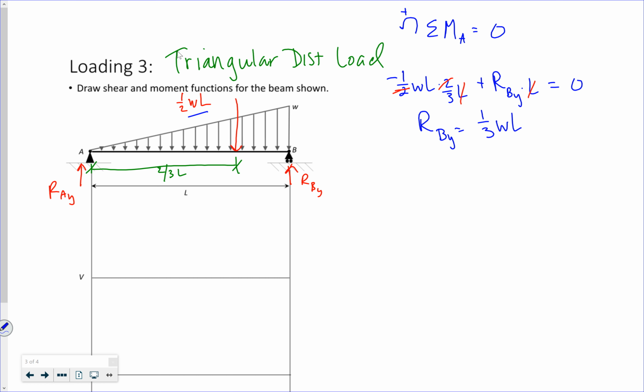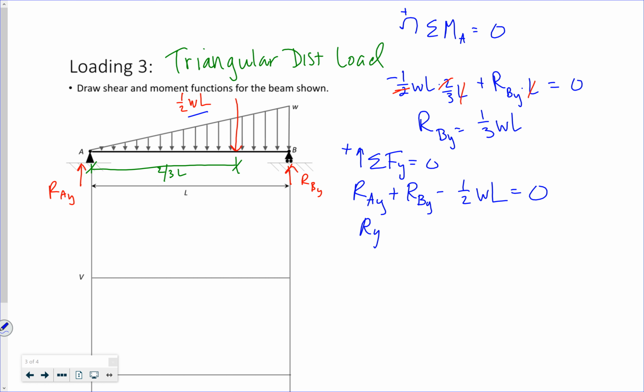I can find my reaction at A by taking the sum of the forces in the Y direction. Let's see, acting up, I have my reaction at A and my reaction at B. Acting down, I have 1/2 WL.